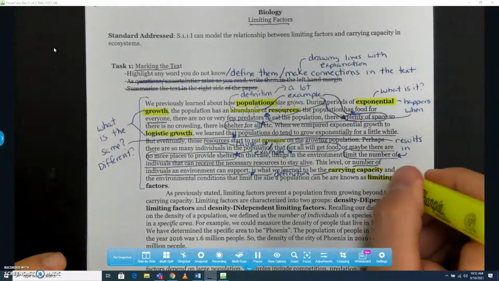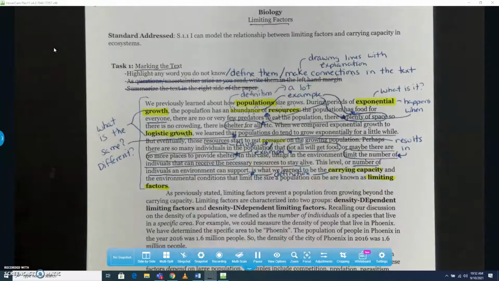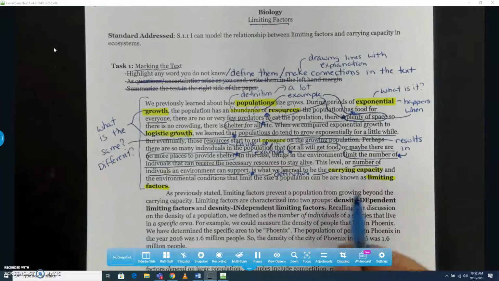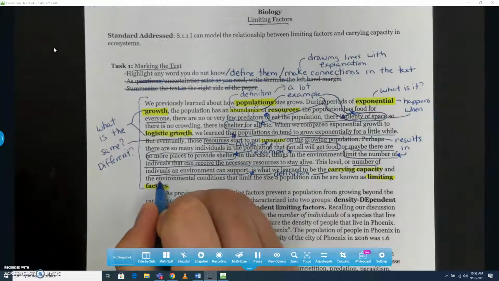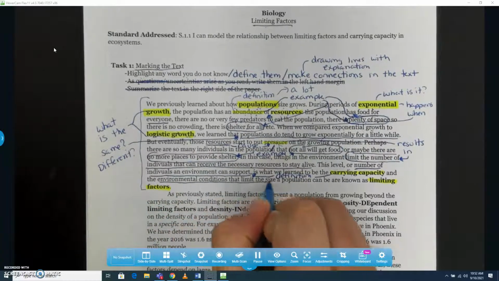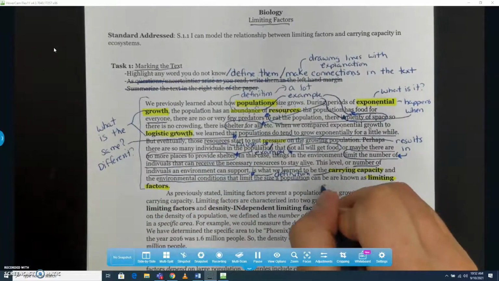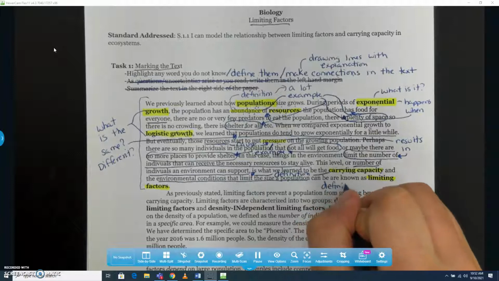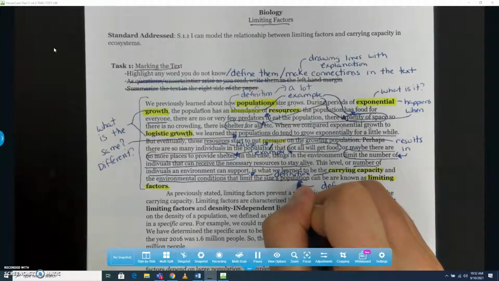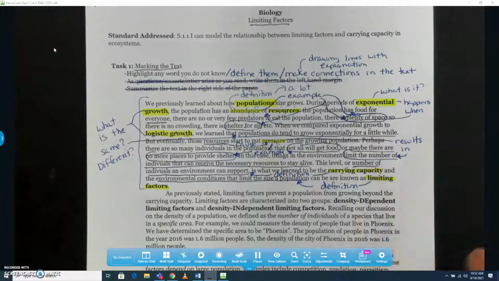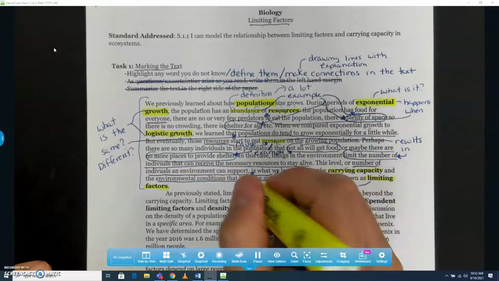Limiting factors. What is a limiting factor? It looks like it also explained that in here. Let's go back. Environmental conditions that limit the size of a population. Looks like that is our definition to that. And we can make a connection right there. Maybe we're not quite sure of the word limit.